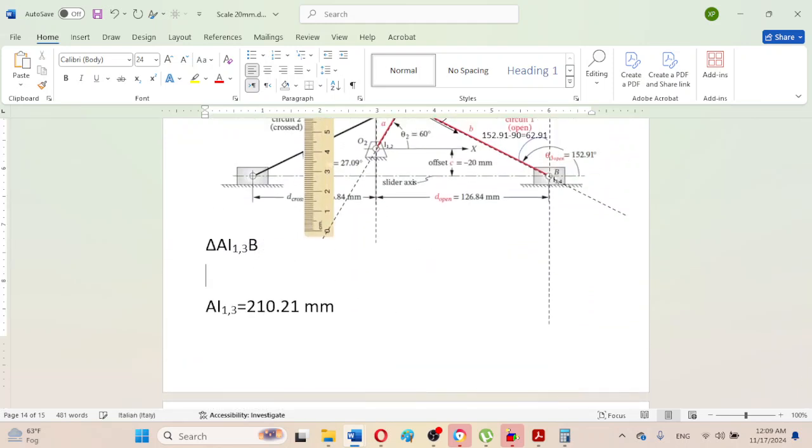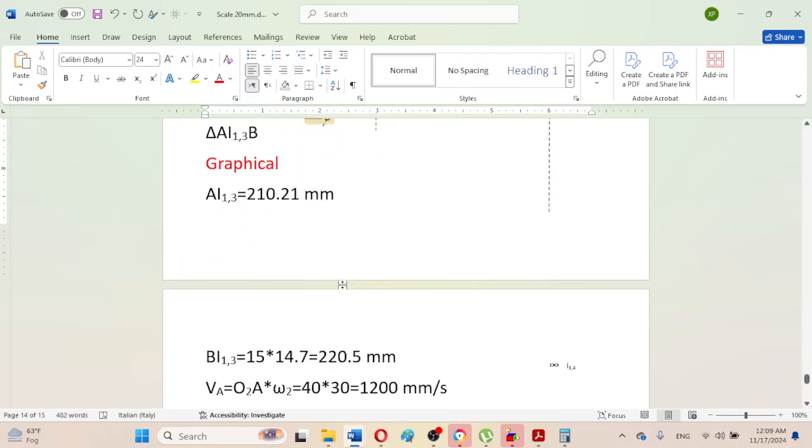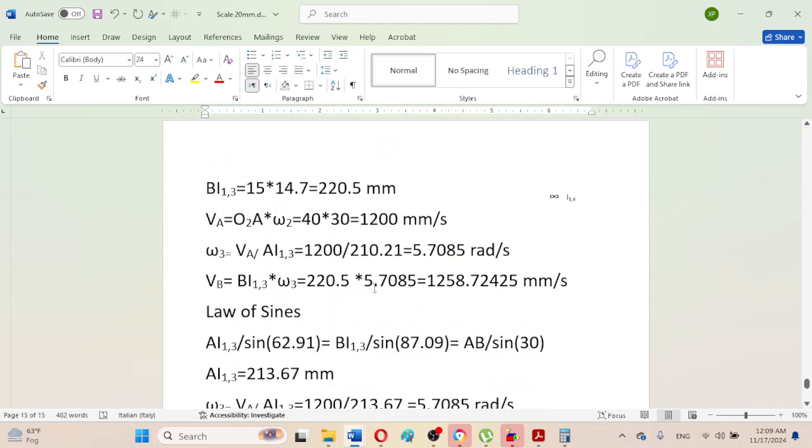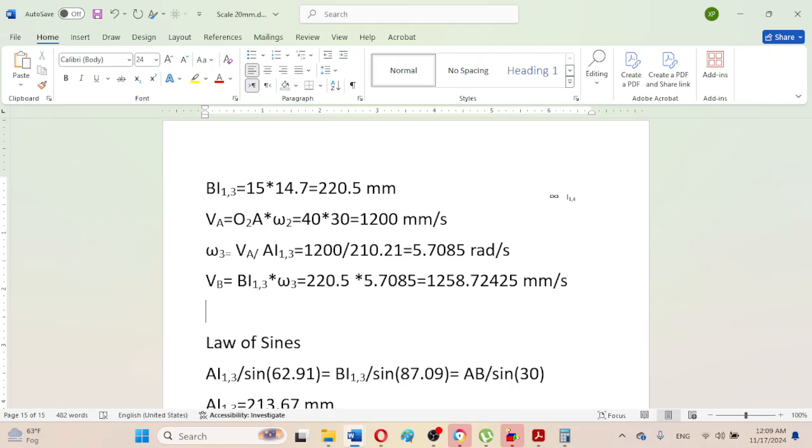I can make the heading here that these are all graphical results, and from here are trigonometric or analytical results.